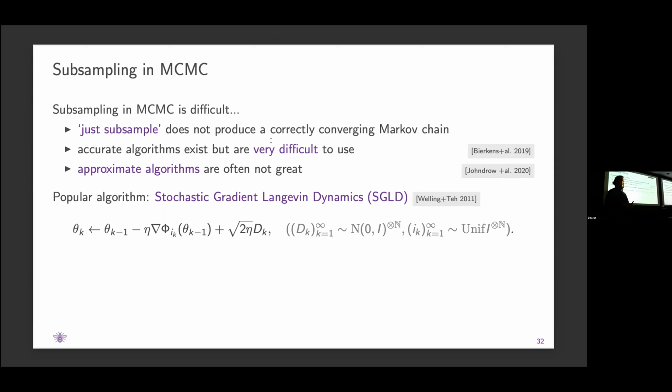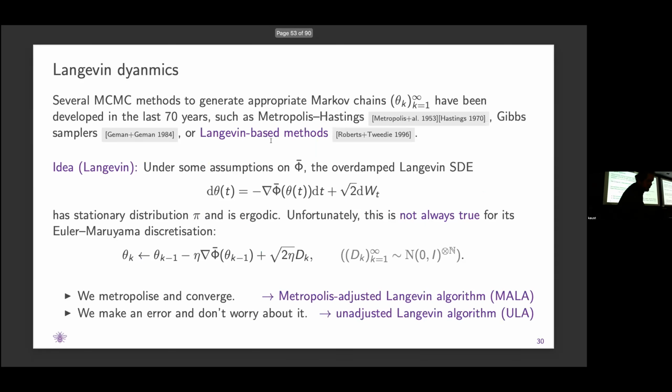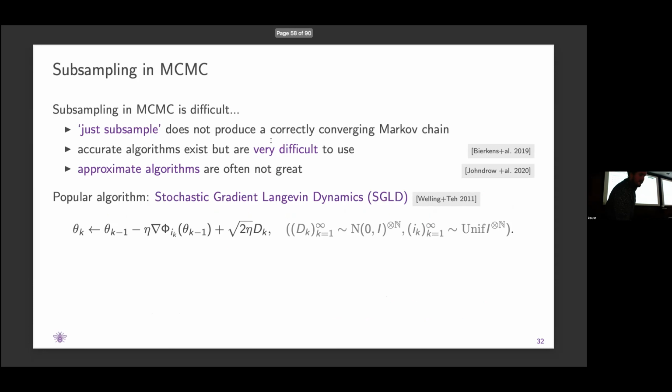And this is just what happens when I combine the Euler idea from before with Stochastic Gradient Descent. So Euler was using phi bar here in an Euler Maruyama discretization of this SDE. And now I just use a phi I that I subsample. Okay, so same idea as before, just plus some noise.